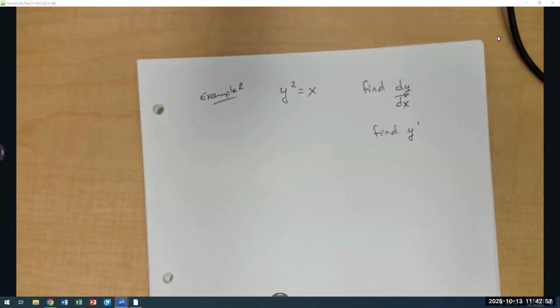So how do we get dy/dx? Which means we're looking for the slope. How do we find the slope? Anybody? First derivative. Very good.